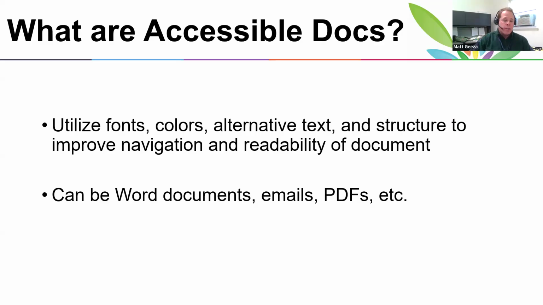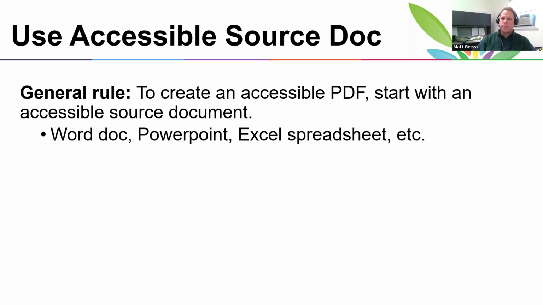So you can always check those out if you're curious about how a screen reader works. In terms of accessible documents, these can be Word documents, emails, PDFs, PowerPoint slides. So it's a range of the types of documents that we tend to be creating primarily with Office 365 and so forth.